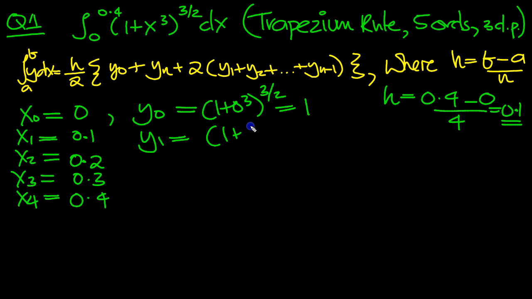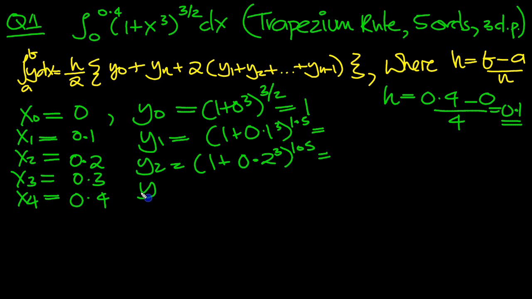Let's write down what we've got here for 0.1 cubed. 3 over 2 we can write as 1.5. And then y2. Just repeat the same thing. And y3. And then lastly, y4.